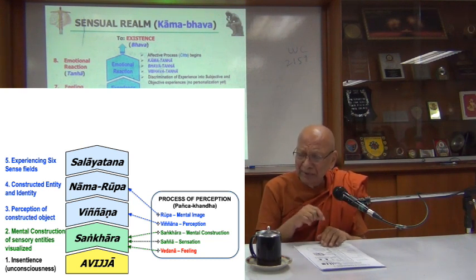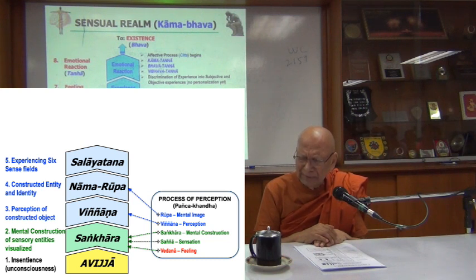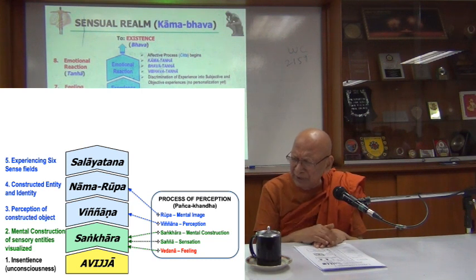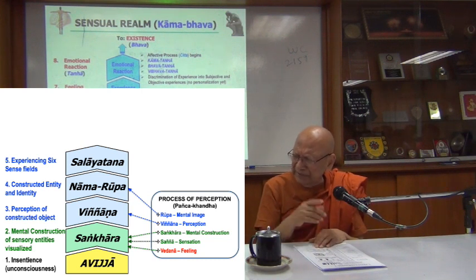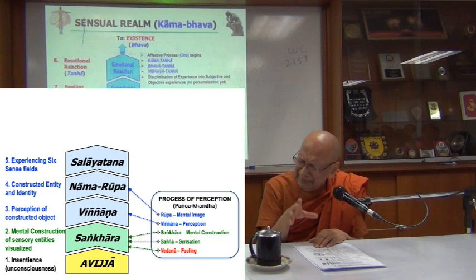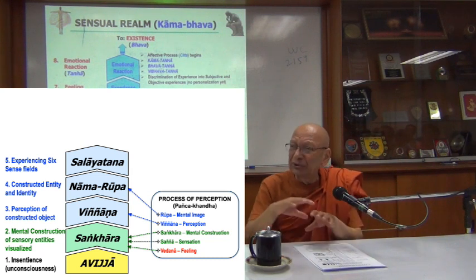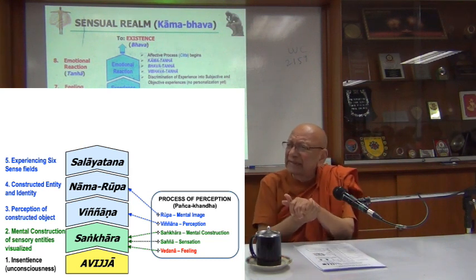So, this is why avidya pachya sankhara, sankhara pachya vijnanam, vijnana pachya namarupam, namarupa is name and form, then salayatana. You are using all the senses.